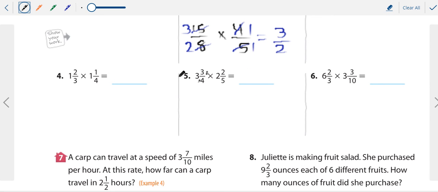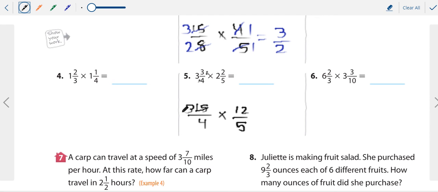So 3 times 4 is 12. 12 plus 3 is 15. 15 over 4, times 2 times 5 is 10. 10 plus 2 is 12. 12 fifths. And if you catch this and you watch the video, let me know on Monday. I'll give you a Jolly Rancher. If you see it on the video, just say, hey, Mr. Hearn, I seen your video and you messed up.